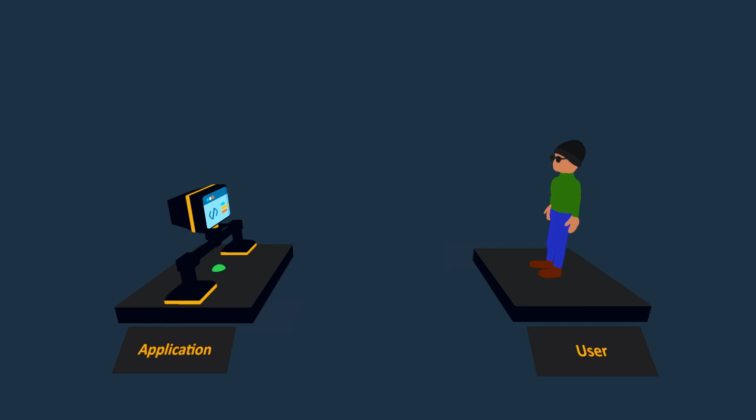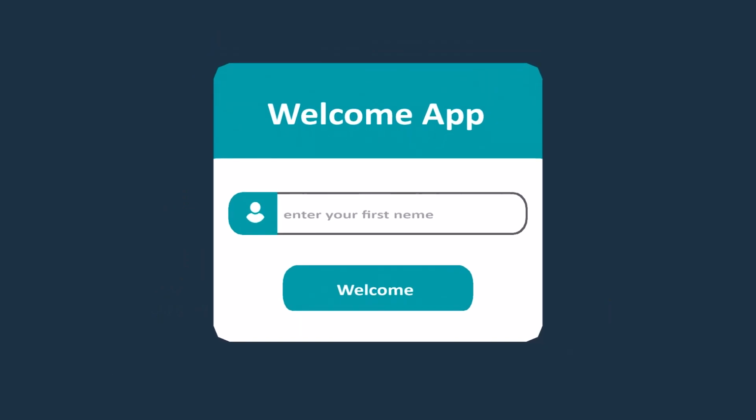Now let's illustrate this communication between an application and its user through an example. Imagine a programmer designed a welcome application, and a user opens up this application and puts his first name on this form, and then clicks on the welcome button.